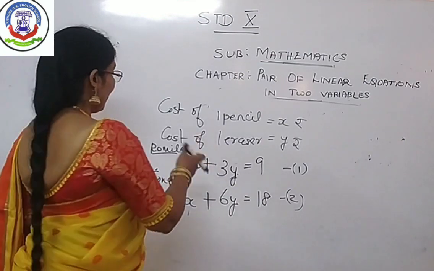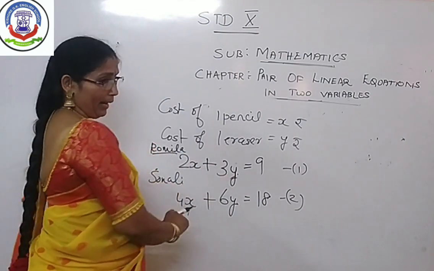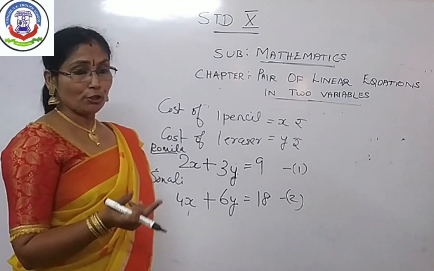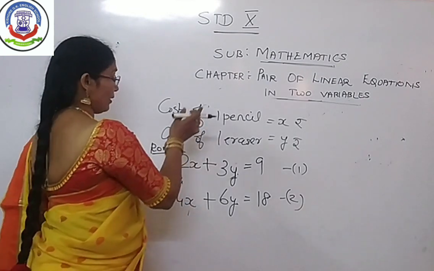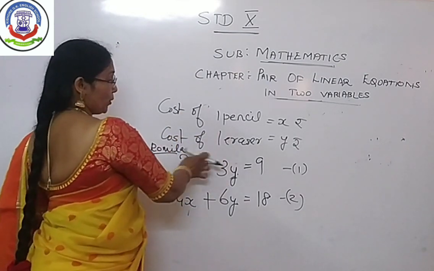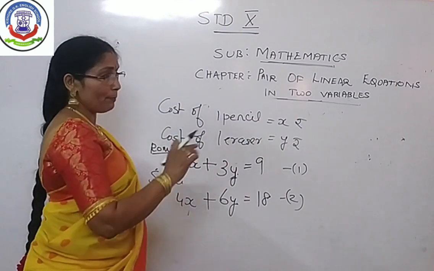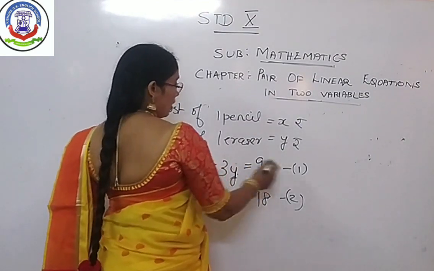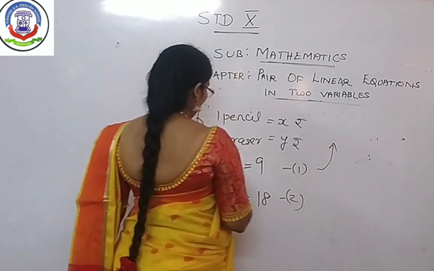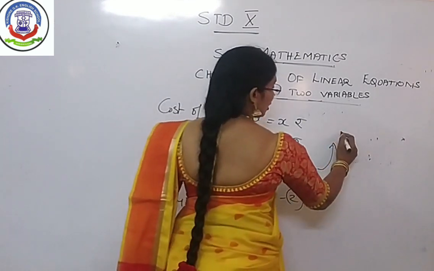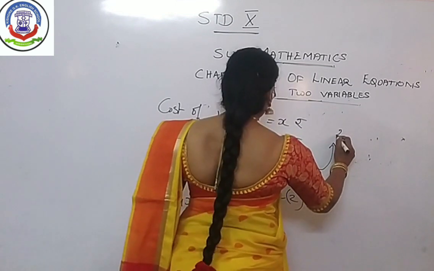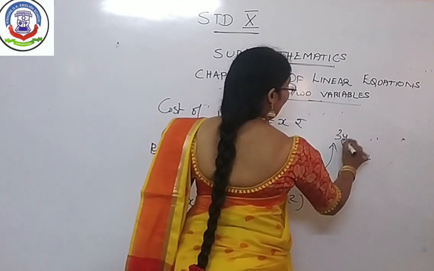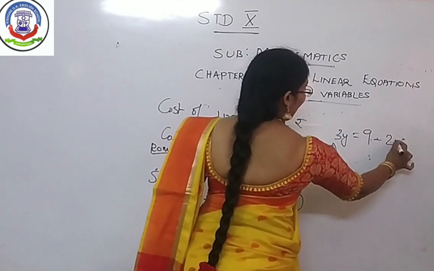But for 2x plus 3y equal to 9, you are going to put some values for x and find out the y. That means you are making this equation in y-intercept form. What is understood by that? That means 2x plus 3y is equal to 9. You can write it this way: 3y is equal to 9 minus 2x.